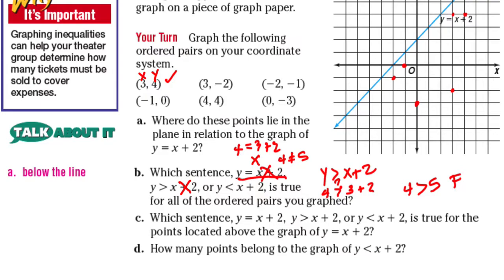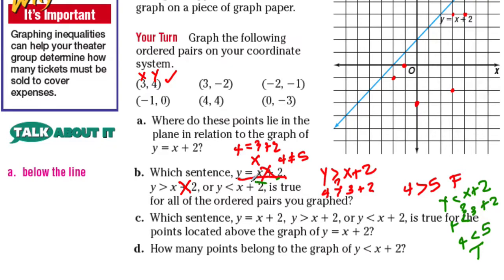If you use the last inequality, y less than x plus 2, and we substitute the coordinate 3, 4, will that make our inequality true? 4 is less than 5. Yes, it will make our inequality true.